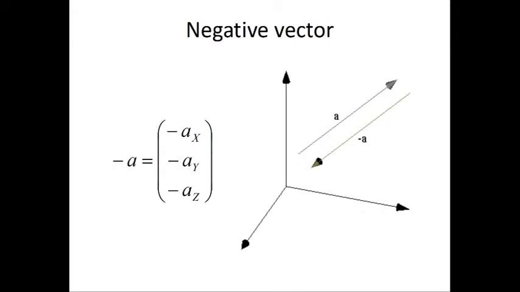The negative vector is simply the original vector multiplied by -1. We can set it forth as a specific definition here: A and minus A both have the same length, they're parallel, but they have the opposite direction.